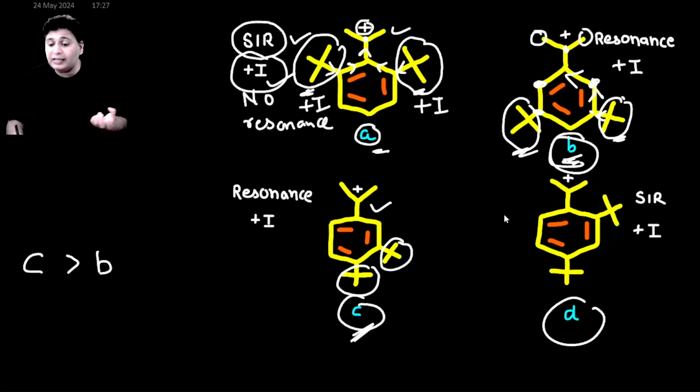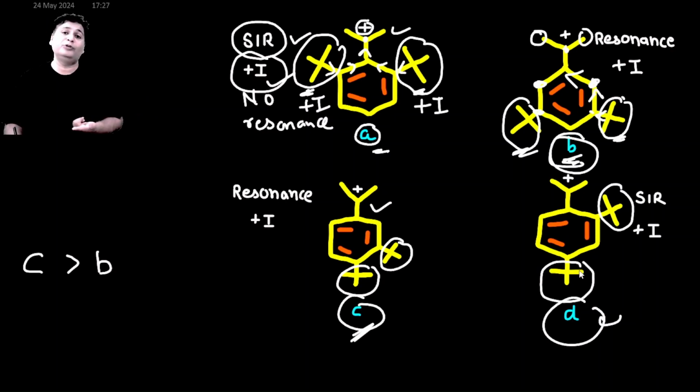In case D, one is at the same distance as in A, but the other is at the farthest distance, the para position, where the inductive effect is very much less in comparison to A. So on that basis, you can complete your hierarchy.